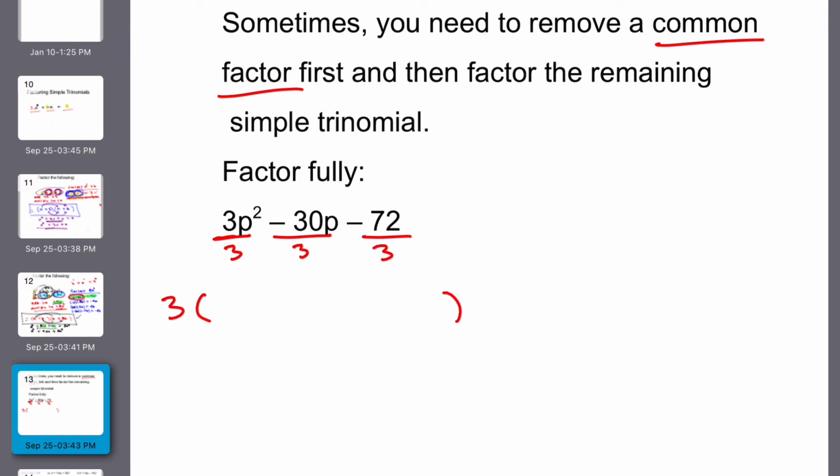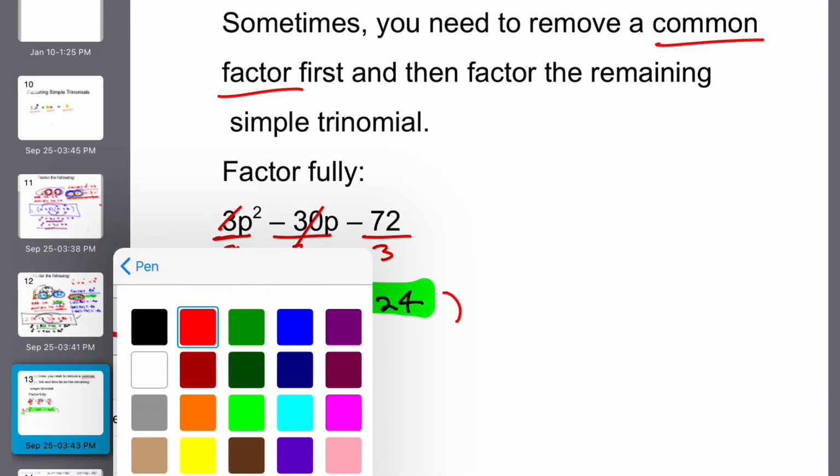So 3p squared divided by 3, we get p squared. 30 divided by 3, we get negative 10p. And 72 divided by 3, we get negative 24. Okay, so this is what we're dealing with now. That 3 on the outside, we'll save it for our final answer, but we're really worried about this trinomial in here. So we can go ahead and factor this one using our strategies.